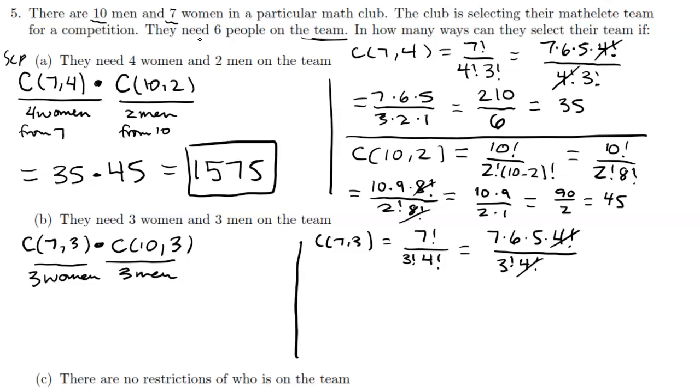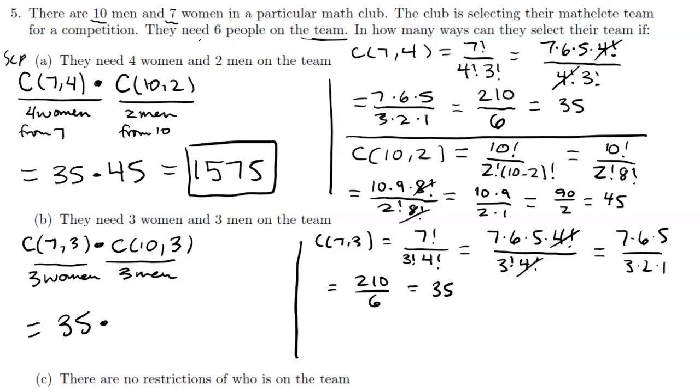Cancel the 4 factorials. 7 times 6 times 5 over 3 times 2 times 1 is 210 over 6, which is 35. Notice it's actually the same number from up above because the 3 and the 4 added up to 7. So you might have noticed that already when we had this 7 factorial over 3 factorial, 4 factorial. We had already computed that as 35 up above.